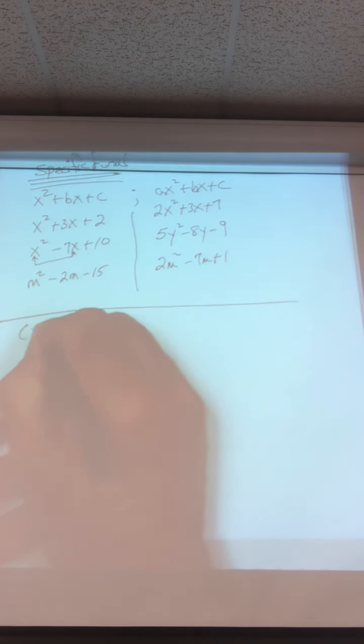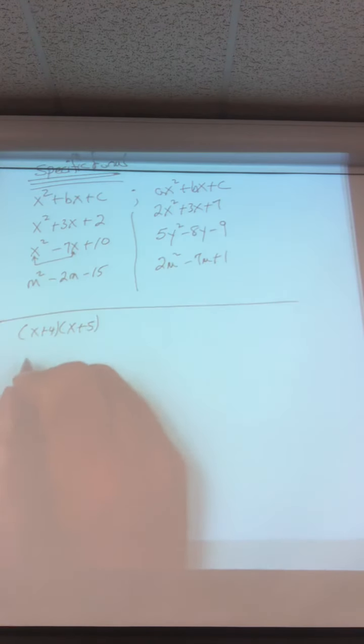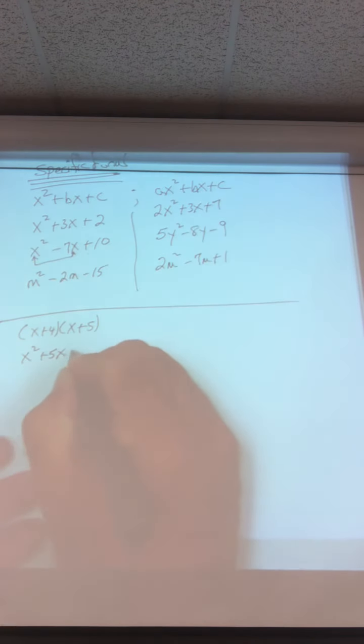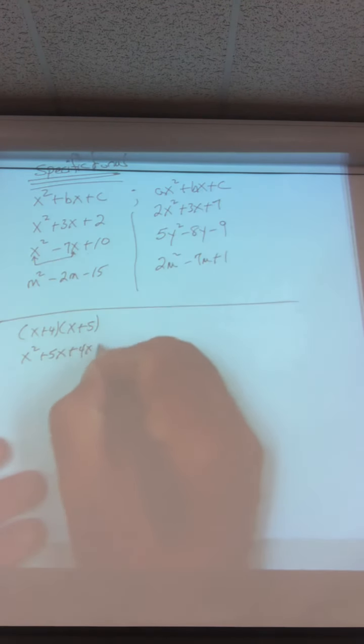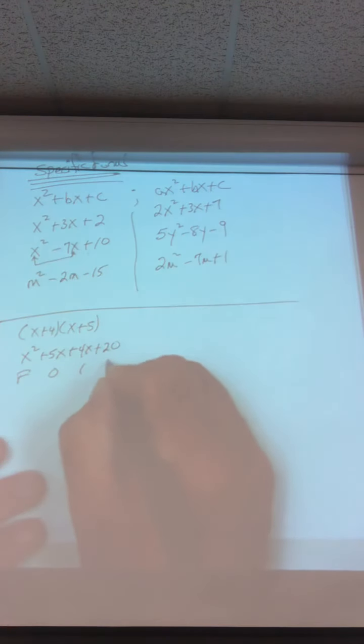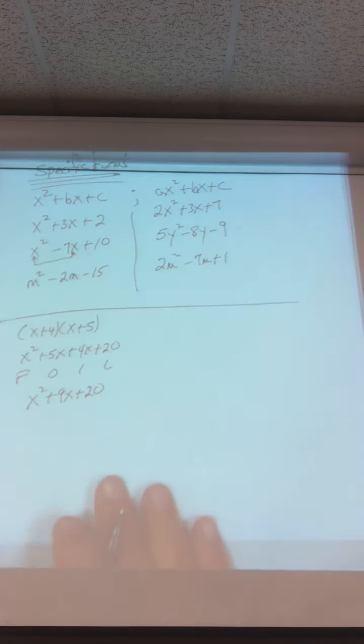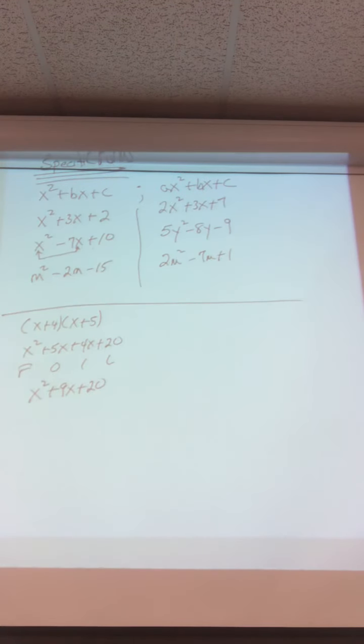If I multiply x plus 4 times x plus 5, if I FOIL this out, we talked about this several sections back. There's the FOIL method. Now if I add the 5x and 4x together, now look at this right here.